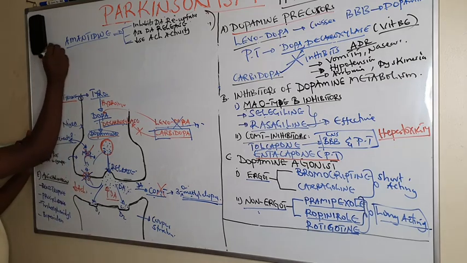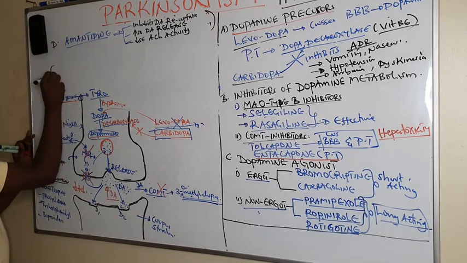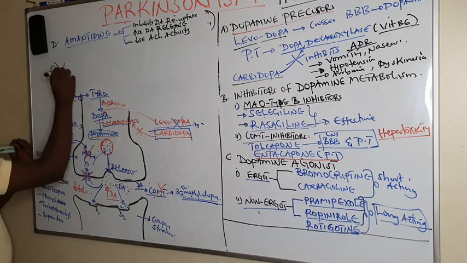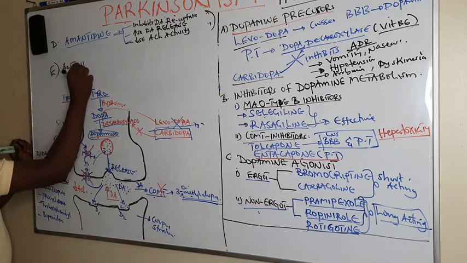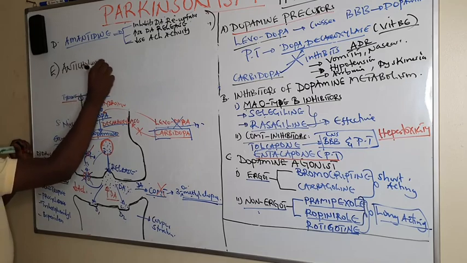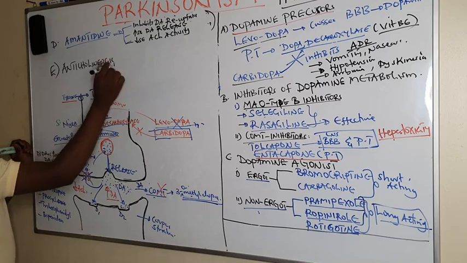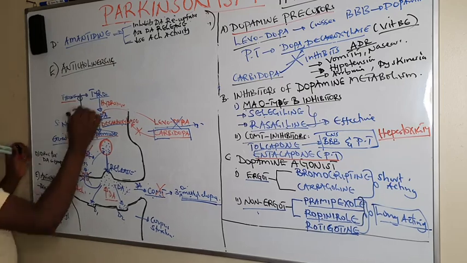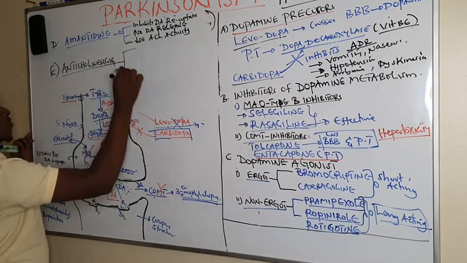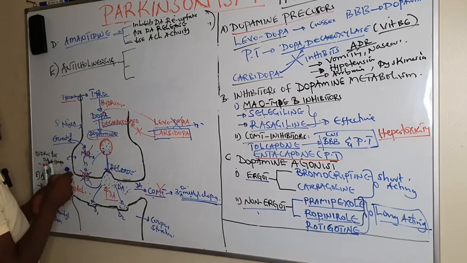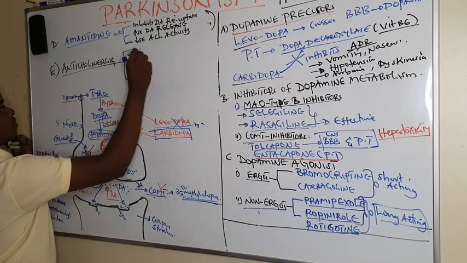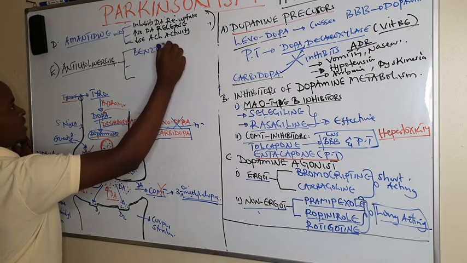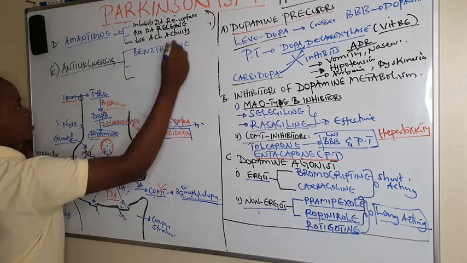Then the last one, this was group D. Then group E, we are going to talk about anticholinergics, whereby we are going to decrease the levels of acetylcholine. Among the anticholinergics used, we are going to see drugs like benztropine. Benztropine is an antimuscarinic, or anticholinergic.